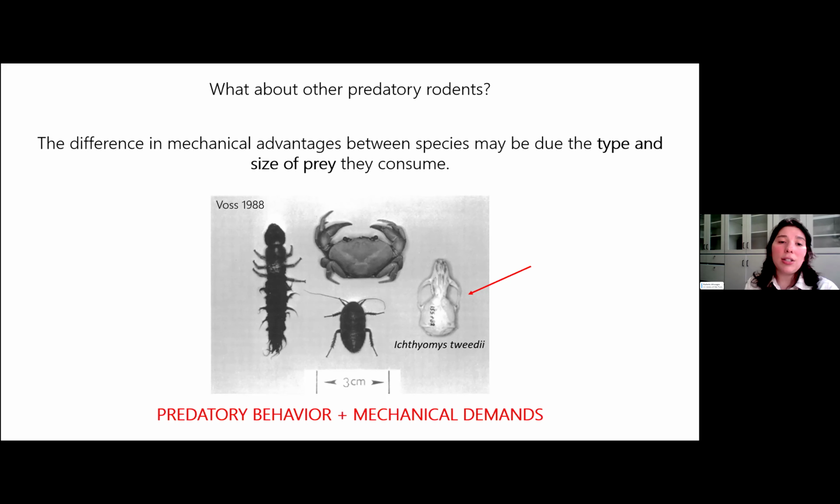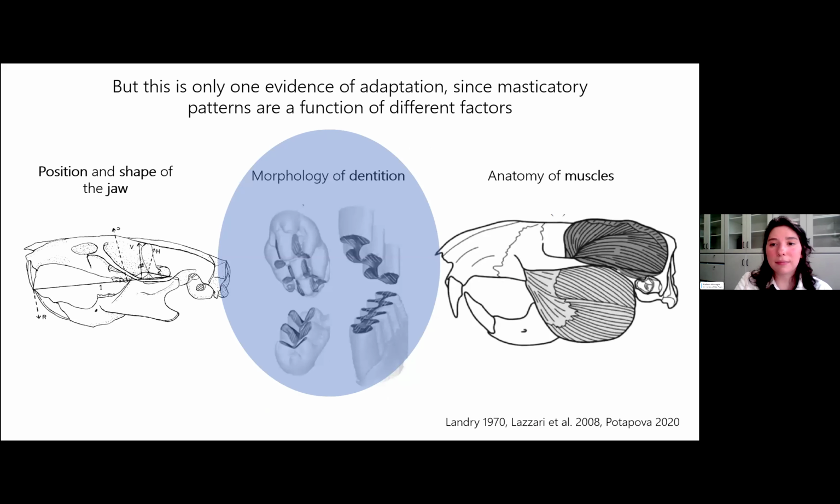The adaptations related to feeding mode seem to reflect not only predatory behavior, but also the mechanical demands of different types of prey, which shows us that we cannot always consider predatory species as just one guild. We have to think about them in terms of what they are eating.